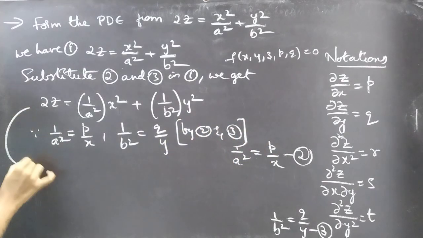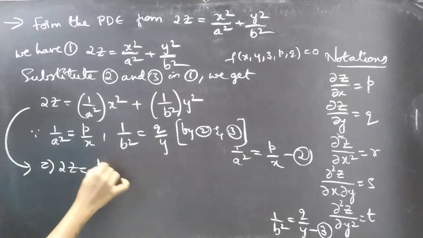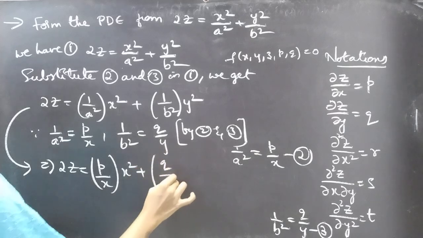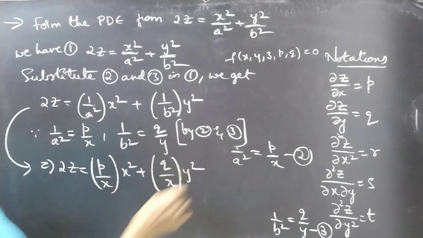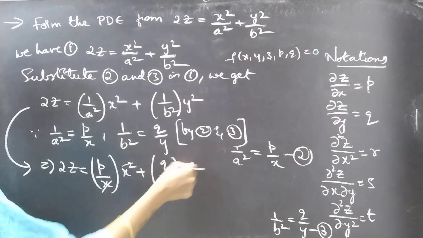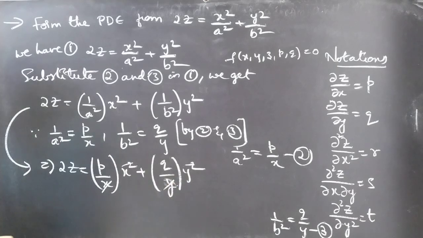Then this becomes 2z equal to p by x into x square plus q by y into y square. So here one x and one y get cancelled.